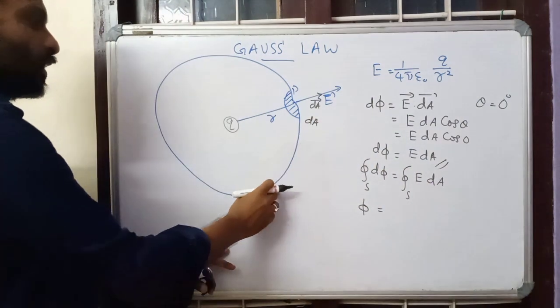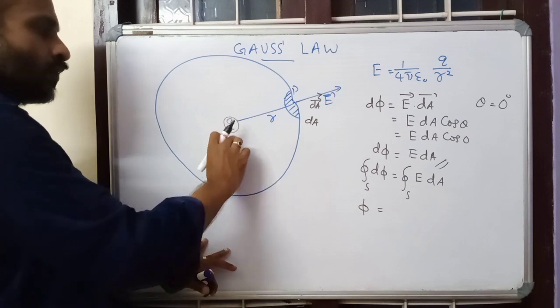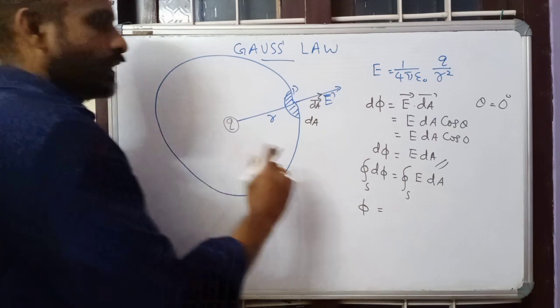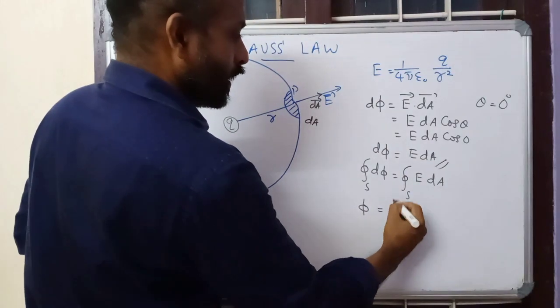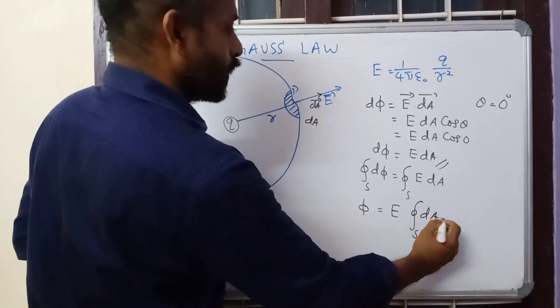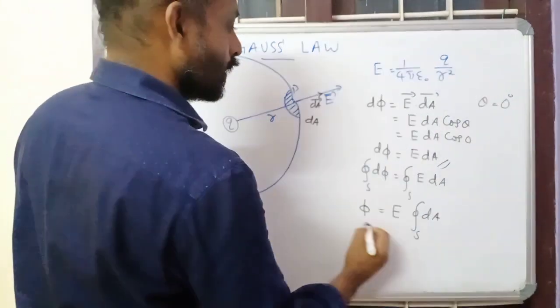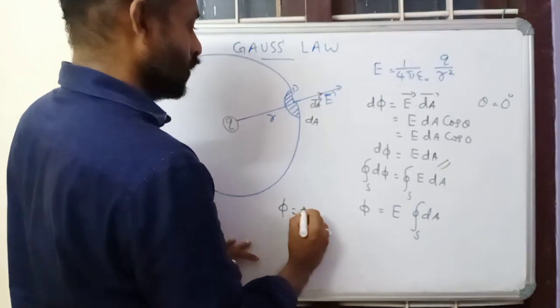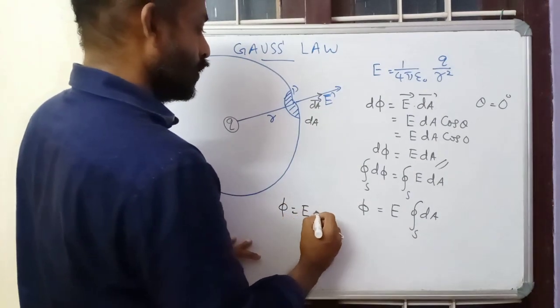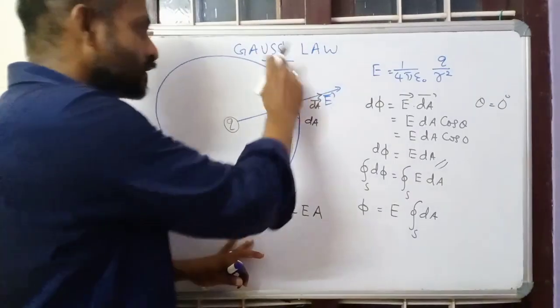At every point on the surface, E is constant because each point on the surface is equidistant from the charge. So phi is equal to E times the closed surface integral of dA. What is integral dA? Integral dA is equal to the total surface area. So I can write flux phi is equal to E into A. E is the electric field and A is the total surface area of the surface.